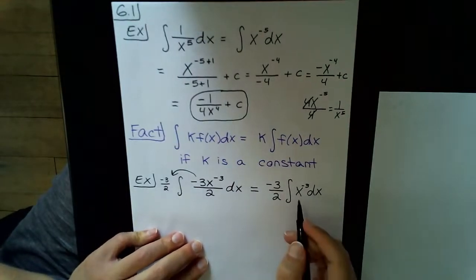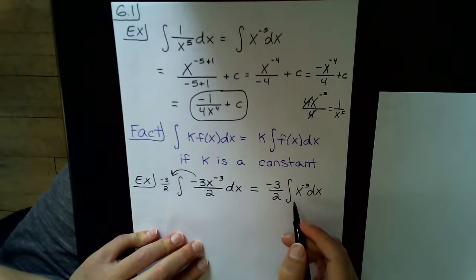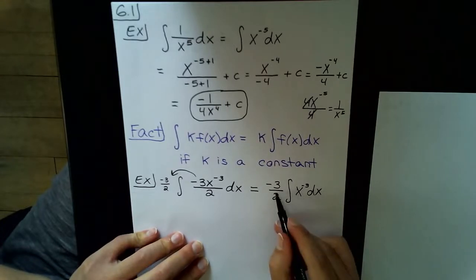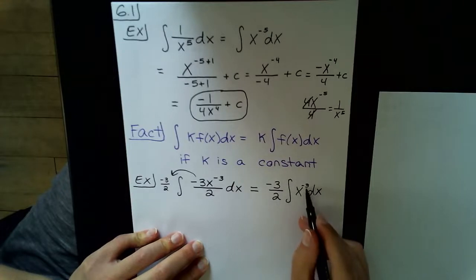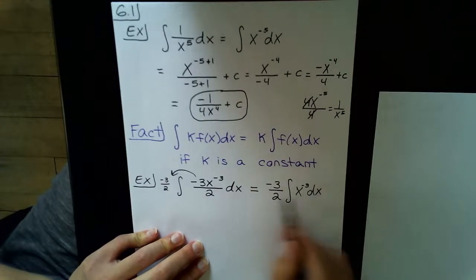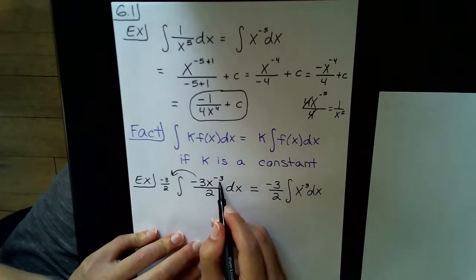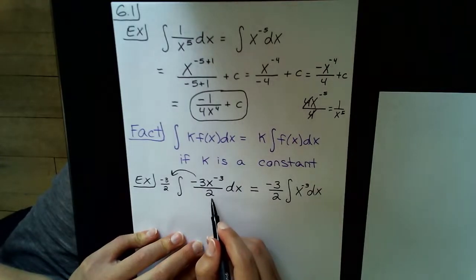You could do a quick check to make sure you pulled the constant out correctly. If you multiply negative 3/2 by x to the negative third, you would get right back to negative 3x to the negative third all over 2.